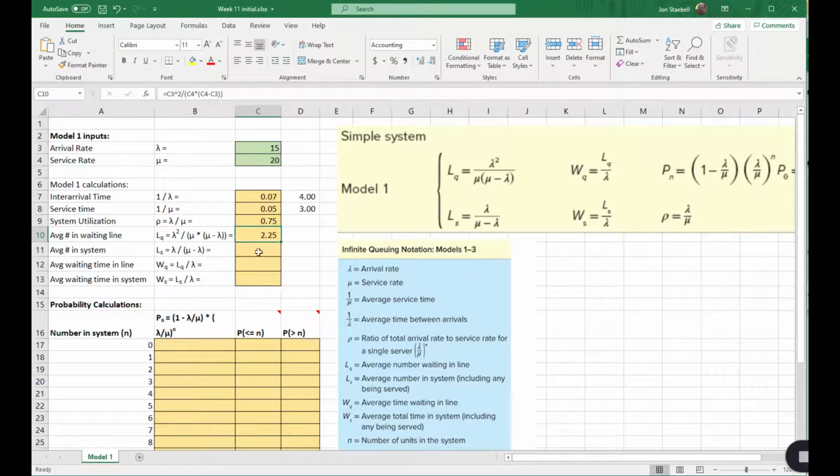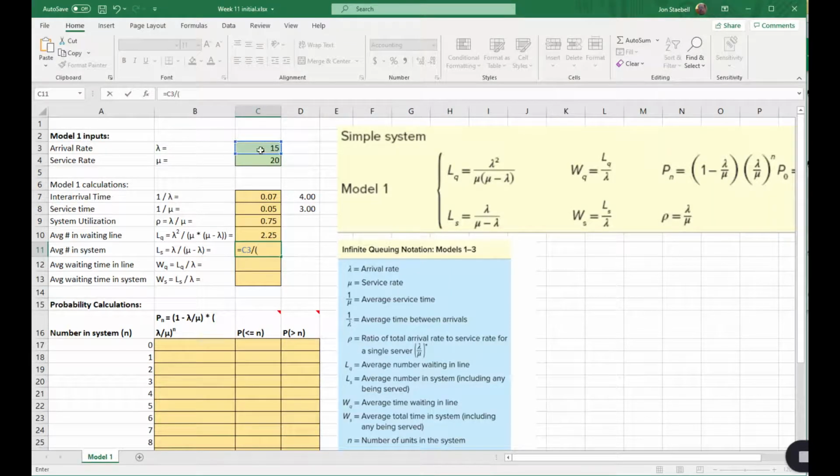Model 1. The average number of people in the system, this includes people being processed and people waiting in line, is lambda divided by the quantity mu minus lambda. That's a little easier. Hopefully I can get that this first time.